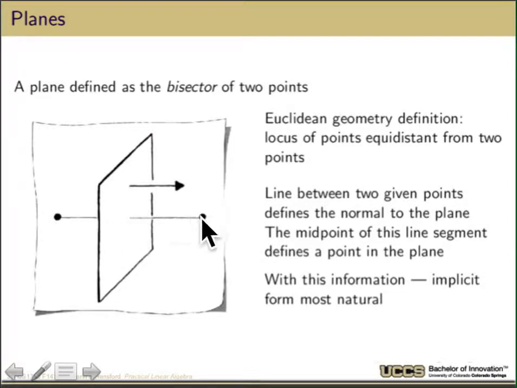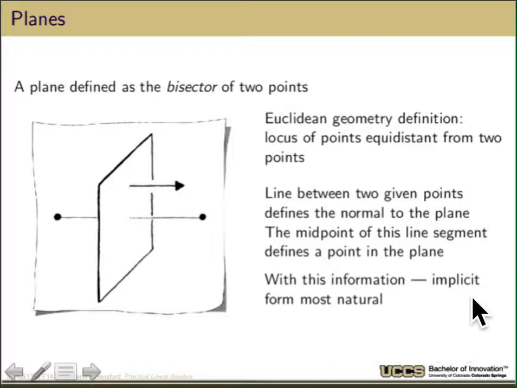So if I take the points P and Q, I can take 1/2 (P plus Q) as the point, and I can take the normal to be P minus Q as my vector. That gives me a plane at the midpoint with an explicit representation of the normal. And with this, it's very easy to get the implicit form, the point normal form of a plane.